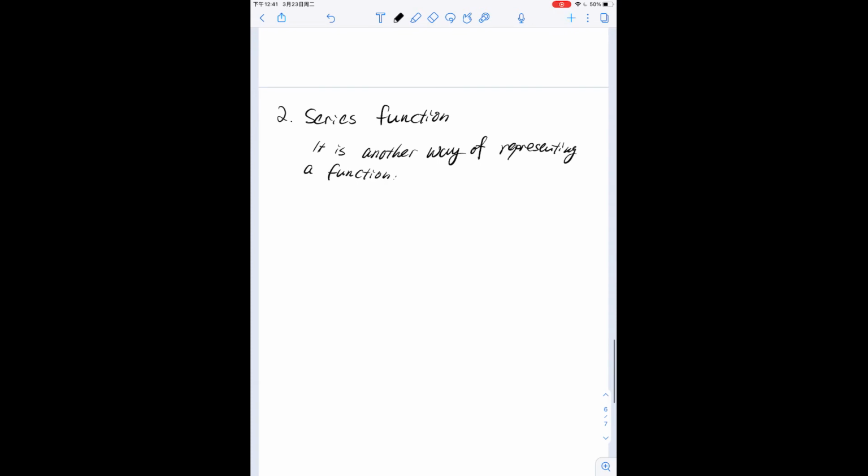So, for example, for this typical function, the exponential function, it can be expanded as a power series like 1 plus x plus x squared divided by factorial of 2 plus x to the power of 3 divided by the factorial of 3, etc. And another example is the sine function.